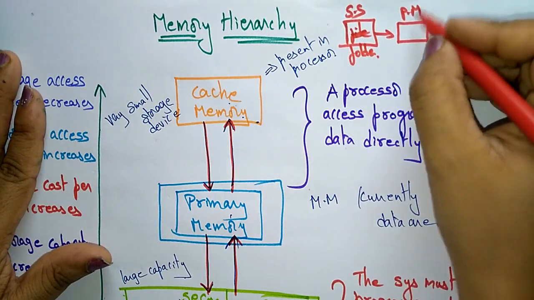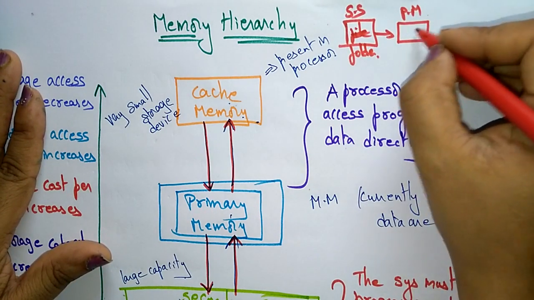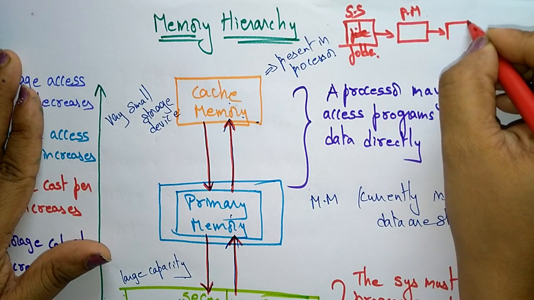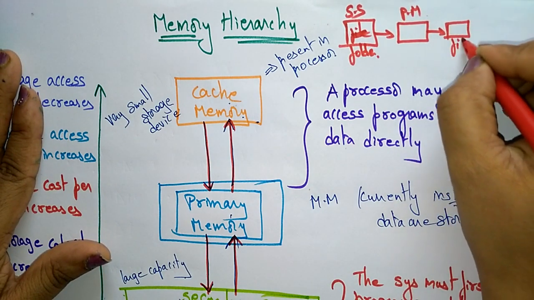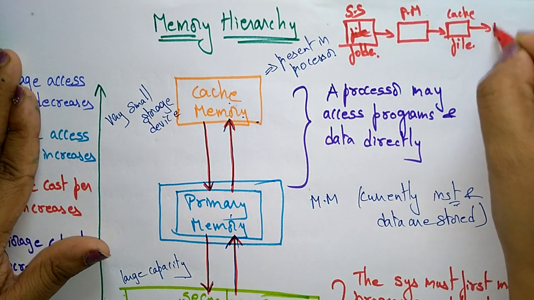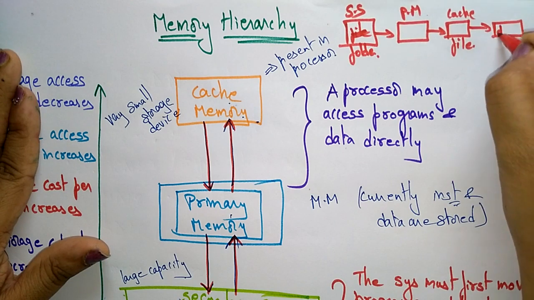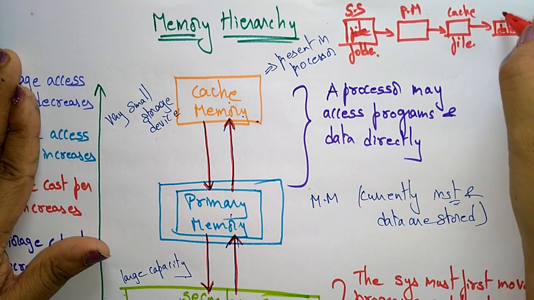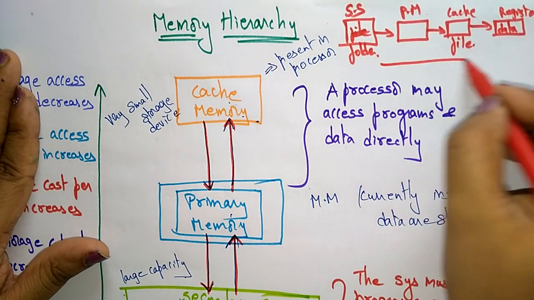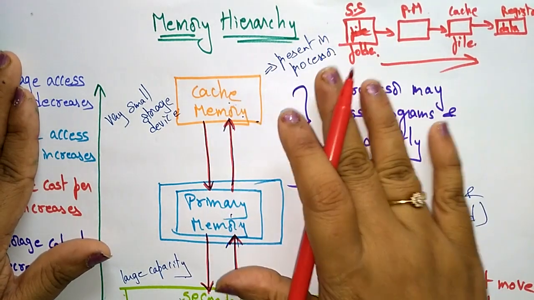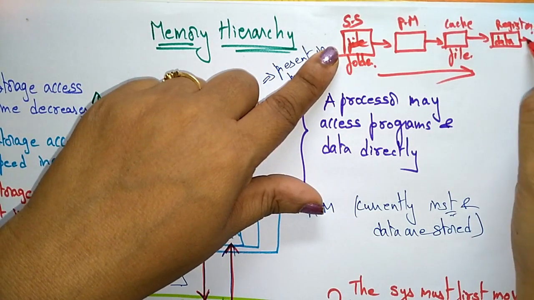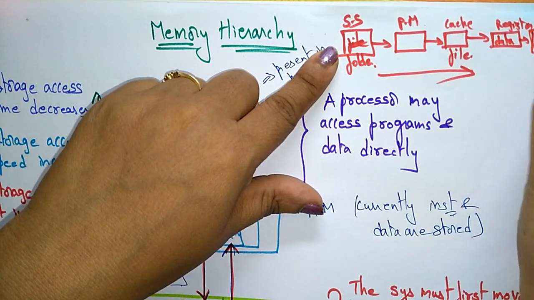The folder will be moved to the primary memory. Only the file will be transferred to the cache memory, and the single executed data will be moved to the register. This is how the data will be moved, and finally the CPU will execute the operation.